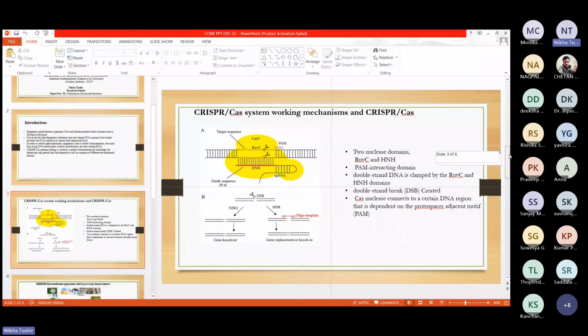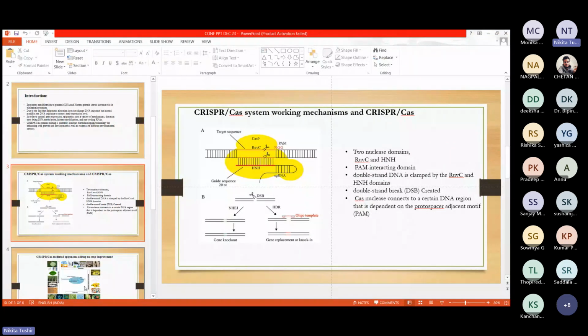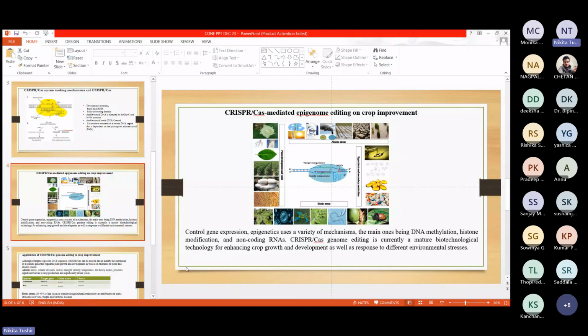Coming to the next slide, CRISPR-Cas mediated genome editing on crop improvement. To control gene expression, epigenetics uses a variety of mechanisms, the main ones being DNA methylation, histone modification, and non-coding RNAs.